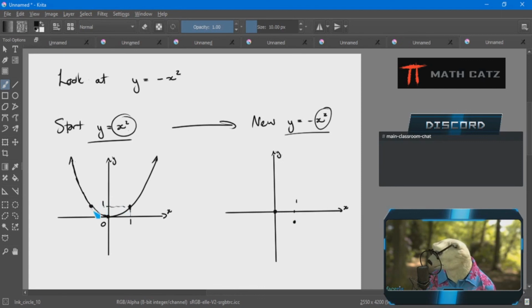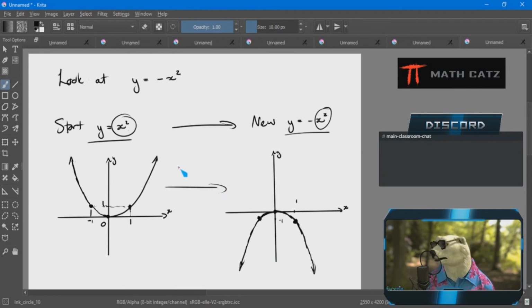And over here, when I plug in negative 1, I get the same right-hand side, but then I multiply that by negative 1. So the y value size is the same. It's just negative. So my parabola is going to be pointing down in some wobbly way. So bad at drawing. There you go.